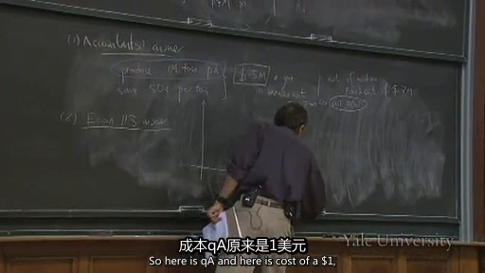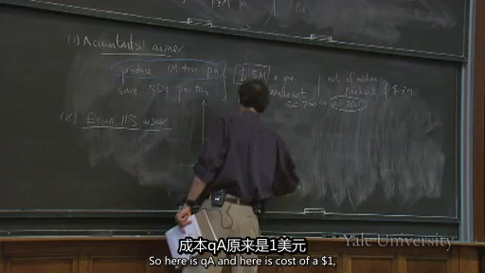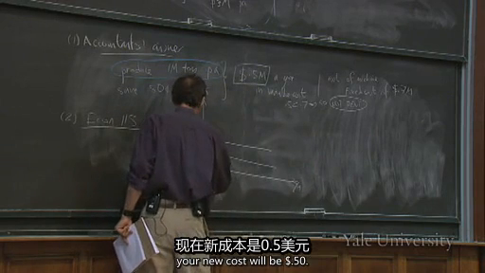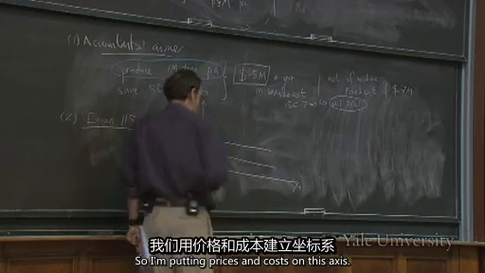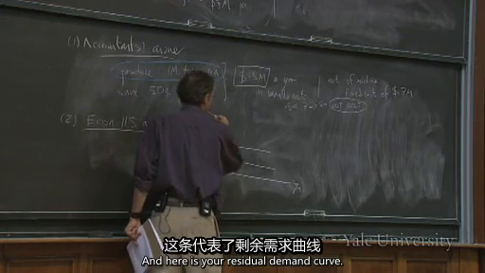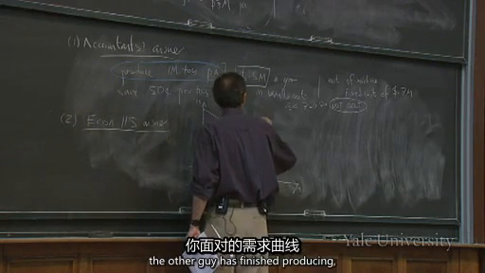So here is QA, and here is cost of $1. Your new cost will be 50 cents. So I'm putting prices and cost on this axis. And here is your residual demand curve. This is the demand curve you face after the other guy has finished producing.